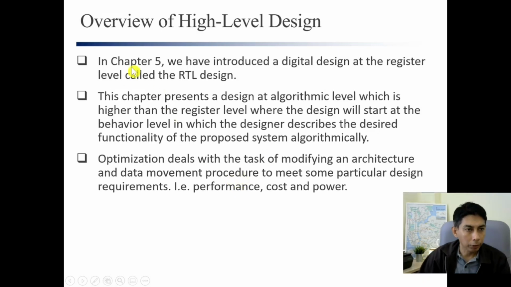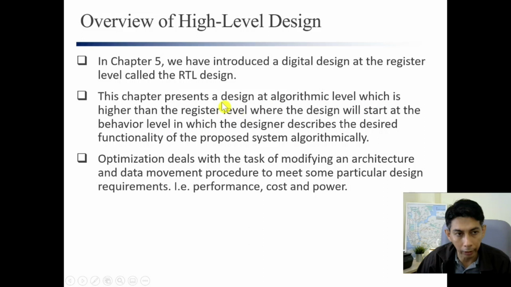So yes, in chapter 5 we have been introduced to digital design at the register level, which we call the RTL design. And in this chapter we will design the digital system at the algorithmic level, which is even higher than the register level.